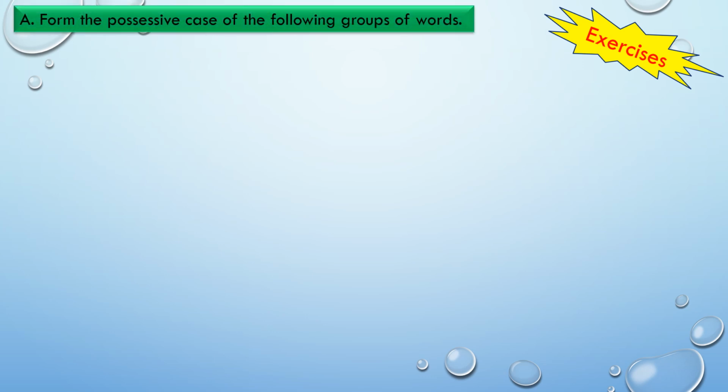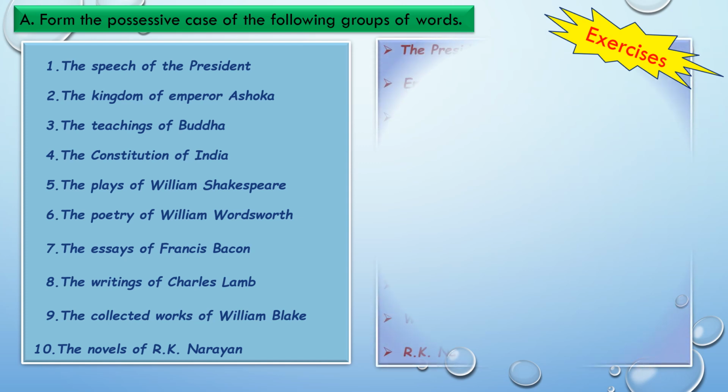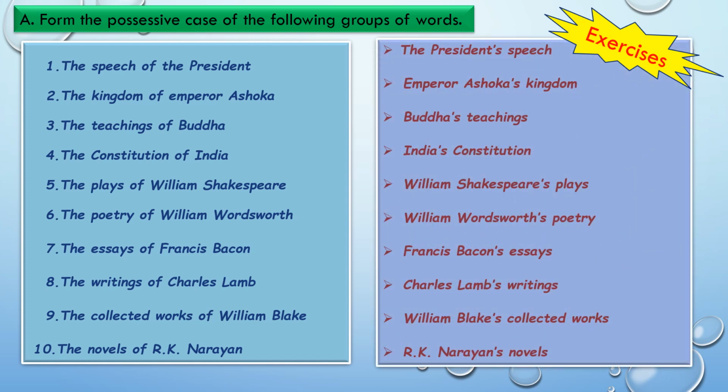So first exercise is given, like form the possessive case of the following groups of words. Here see, the groups of words are given and you have to form the possessive case. Okay? So children, in another box we have formed the possessive case.